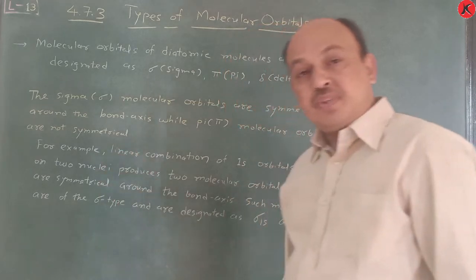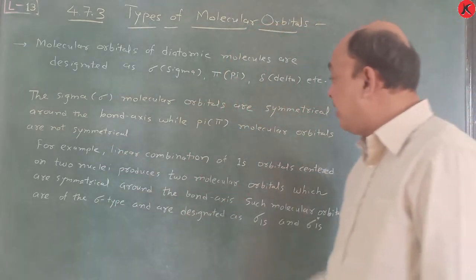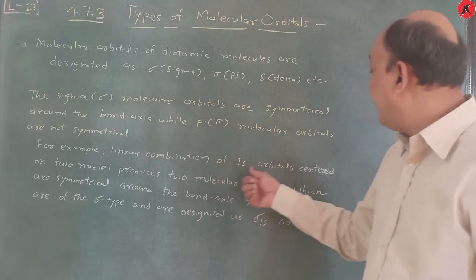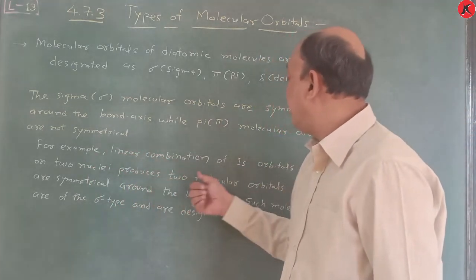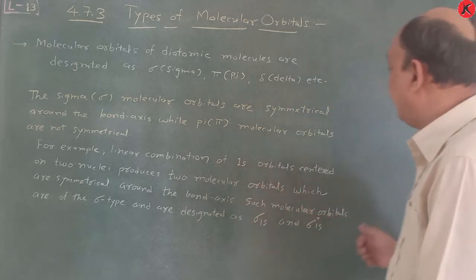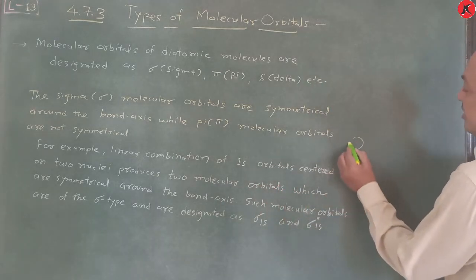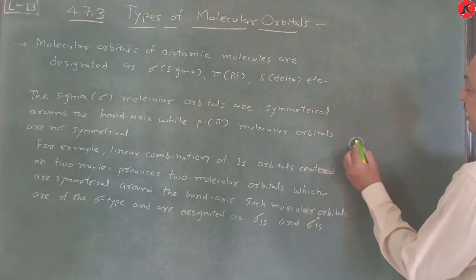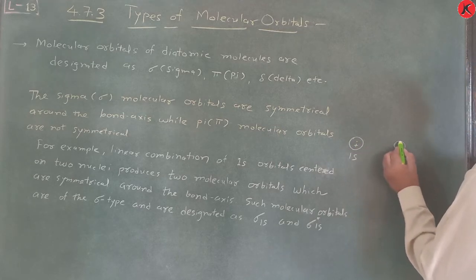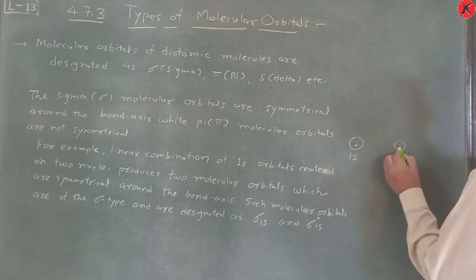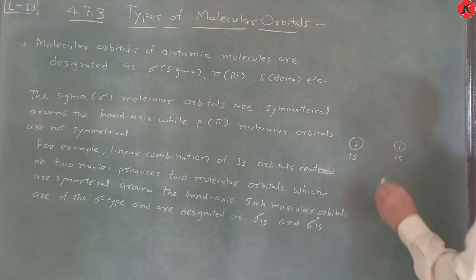Remember this one. For example, one example is given here: linear combination of 1s orbitals centered on two nuclei produces two molecular orbitals. That means, suppose we consider this is the 1s orbital. Here one center is there, and here a positive charge. This is the dot, the nucleus, and this is a positive charge.